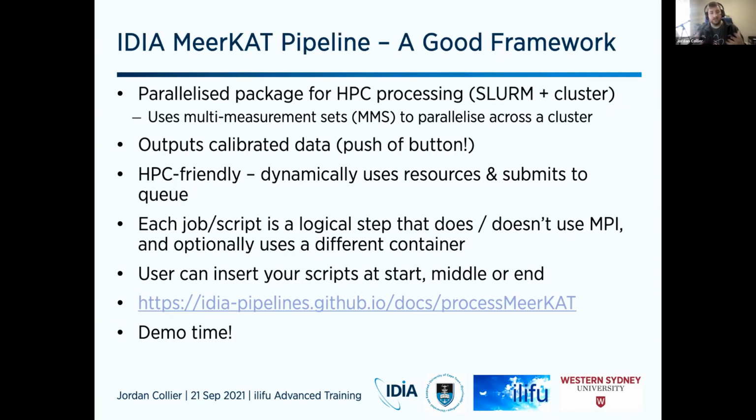It's rather to demonstrate how you could come up with your own framework that does similar things across the cluster. So it's for HPC, high performance computing. You basically push a button and it submits everything to the queue, makes dynamic use of resources, and at the other end, you get your calibrated data.